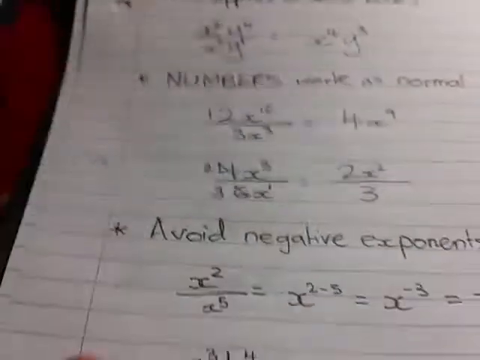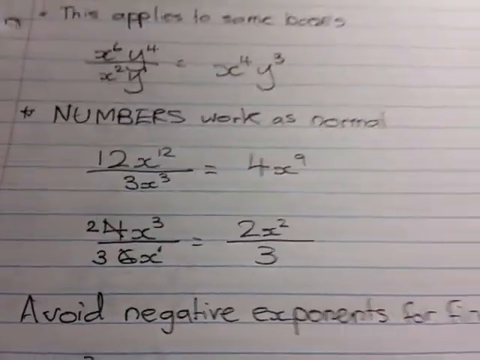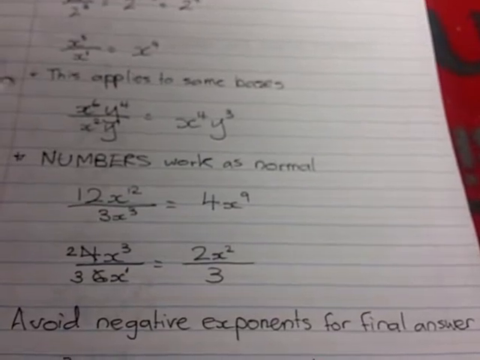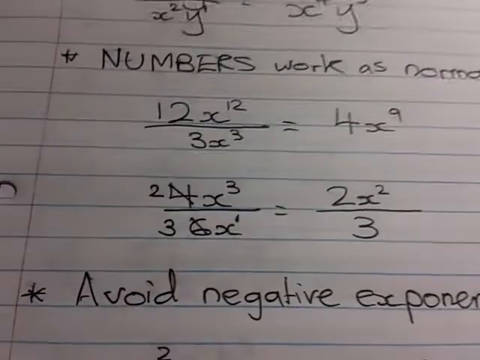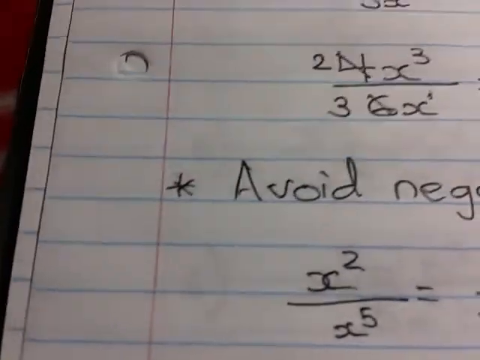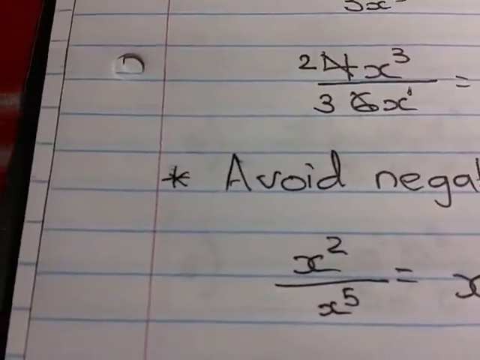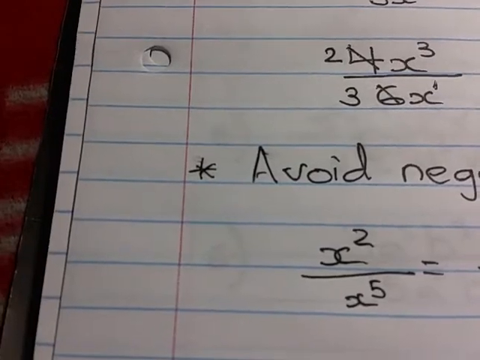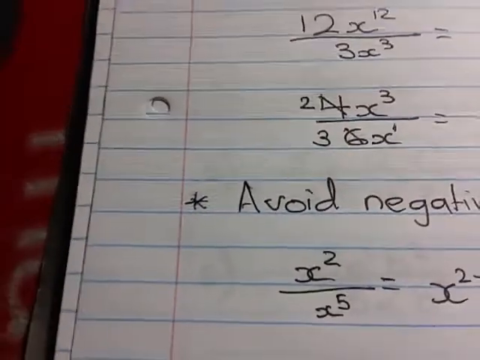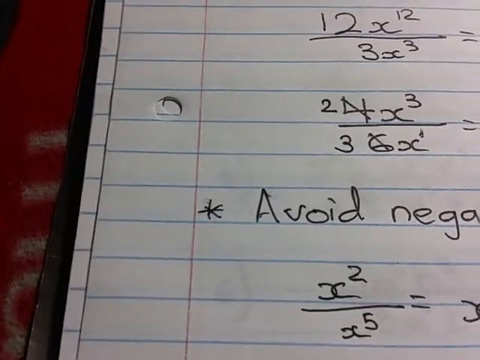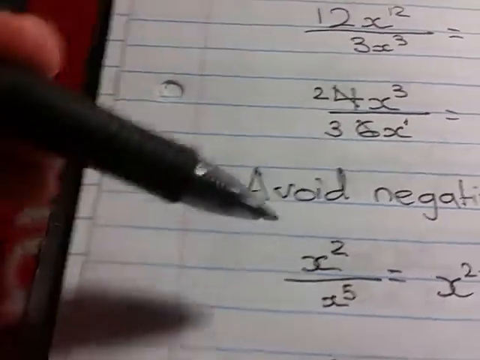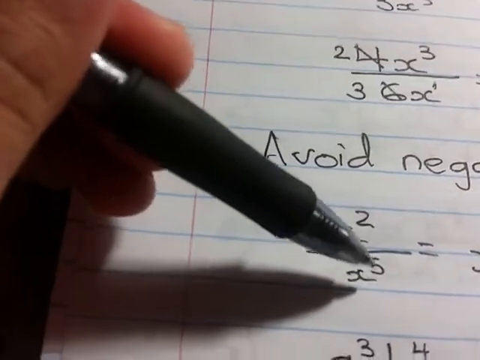Then the final minor point is avoid negative exponents for your final answer. What does that mean? Say if you had this situation of x to the 2 divided by x to the 5. So apply your normal law 2 division of powers, where you go numerator minus denominator.